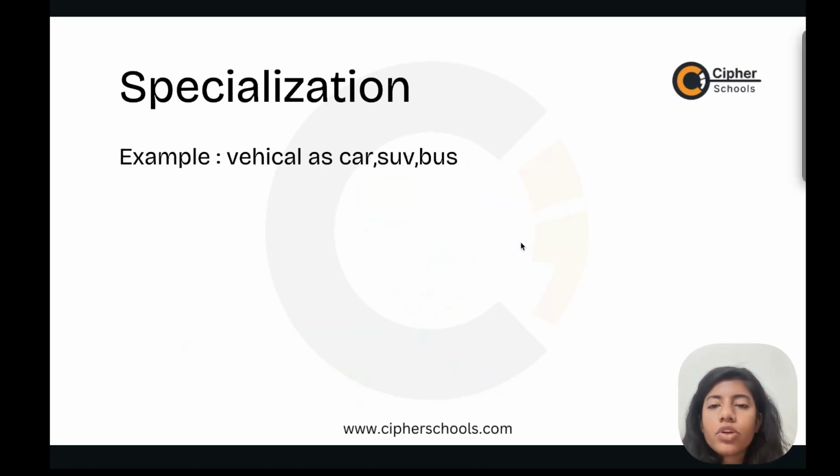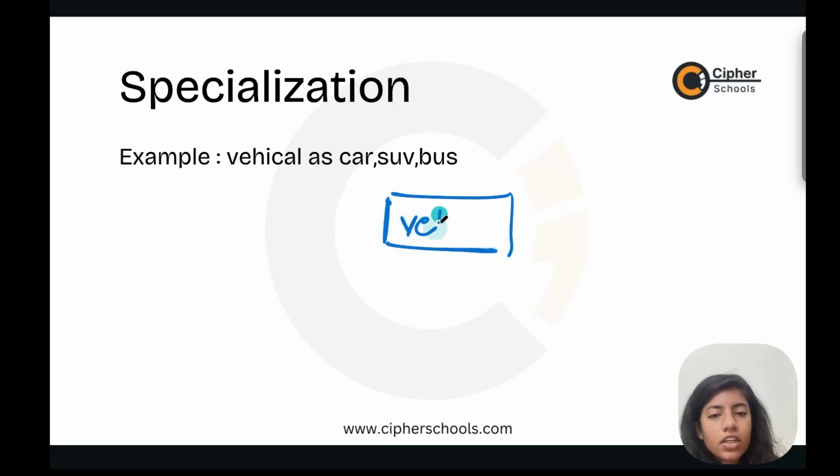So let us have one more example. Can you imagine a vehicle? A vehicle is something which can move, and depending upon its size or some features, we can have a vehicle as a car, or a vehicle can be an SUV, or it can be a bus. So to represent this, we'll again have a general entity known as vehicle.